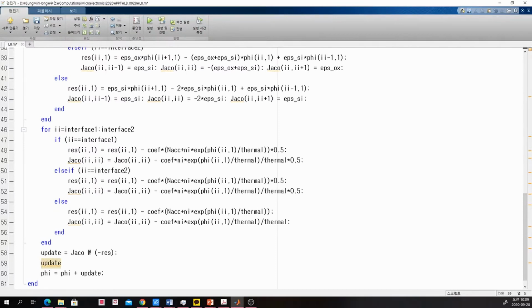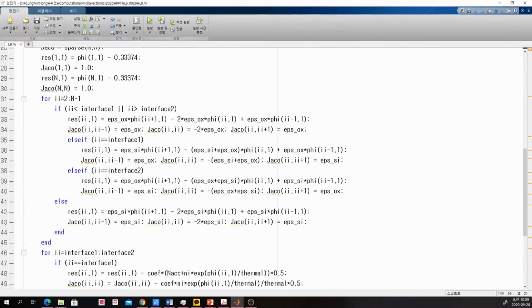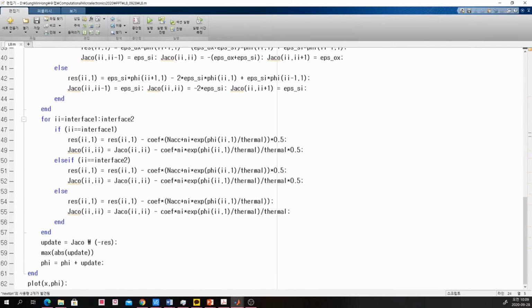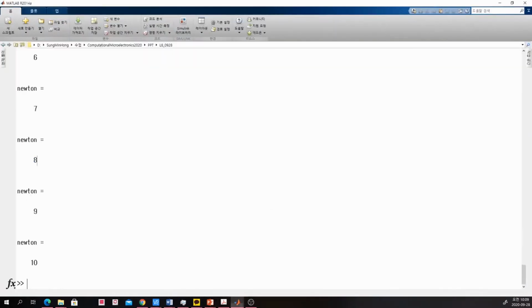So first take the absolute value and take the maximum value. Then every time it will first print the Newton iteration and the maximum absolute value of our update vector.